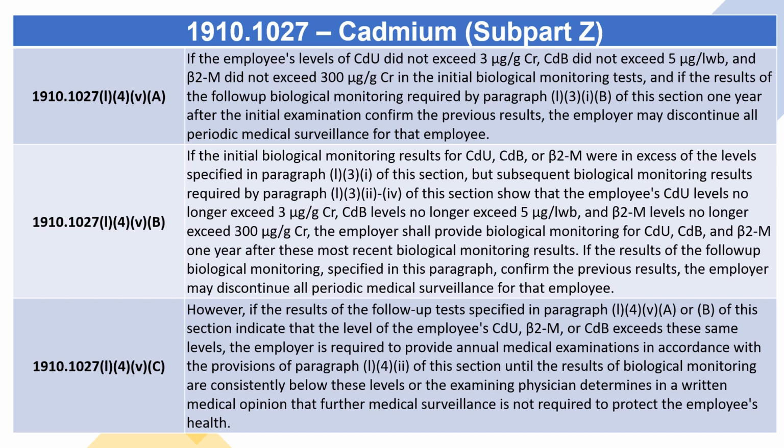1910.1027 L4(5)(b) If the initial biological monitoring results for CDU, CDB, or beta-2M were in excess of the levels specified in paragraph L3(1) of this section, but subsequent biological monitoring results required by paragraph L3(2)-(4) of this section show that the employee's CDU levels no longer exceed 3 micrograms per gram creatinine, CDB levels no longer exceed 5 micrograms per liter of whole blood, and beta-2M levels no longer exceed 300 micrograms per gram creatinine, the employer shall provide biological monitoring for CDU, CDB, and beta-2M 1 year after these most recent biological monitoring results.